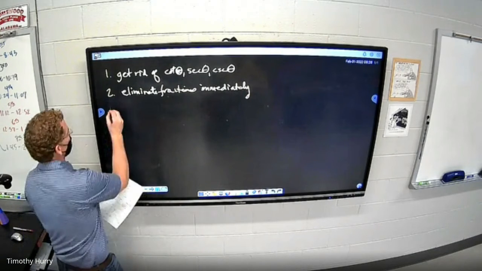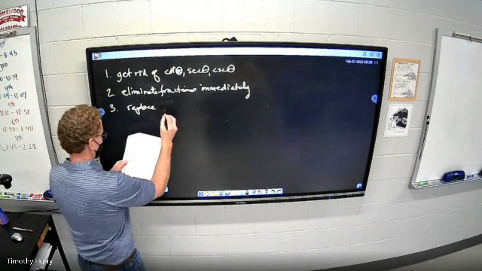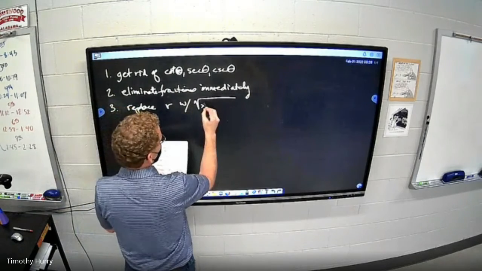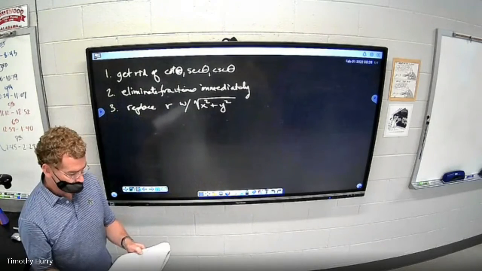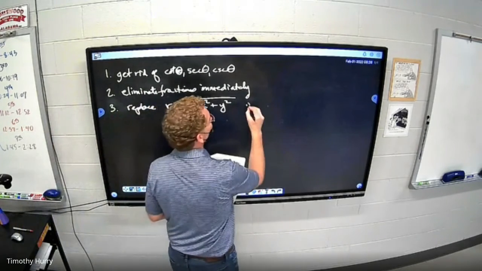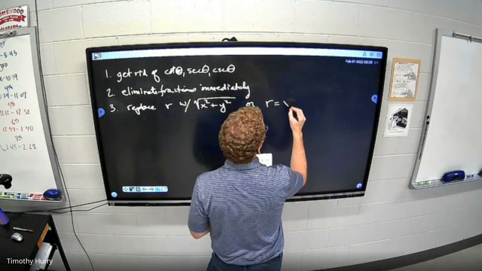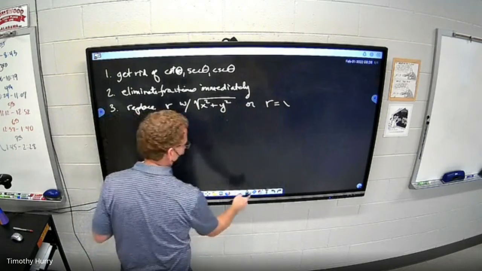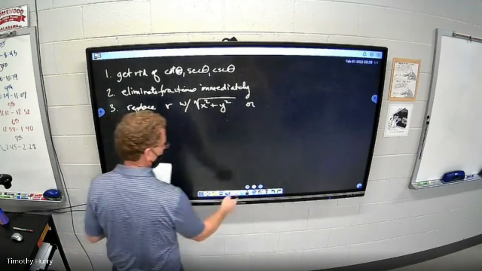Third thing, if you see an r after doing this, replace r's with the square root of x squared plus y squared, because that's what it's equal to, right?